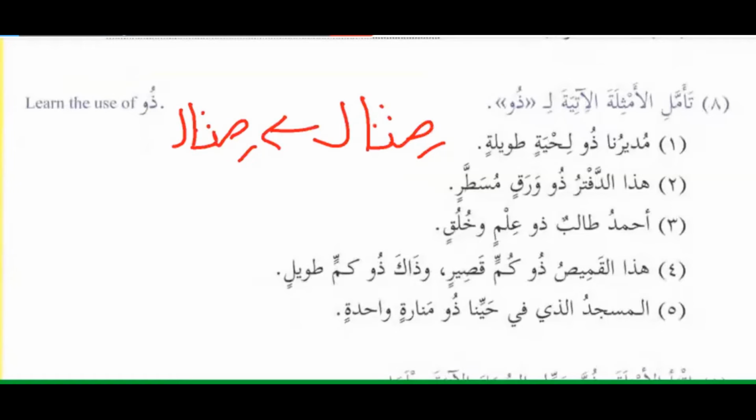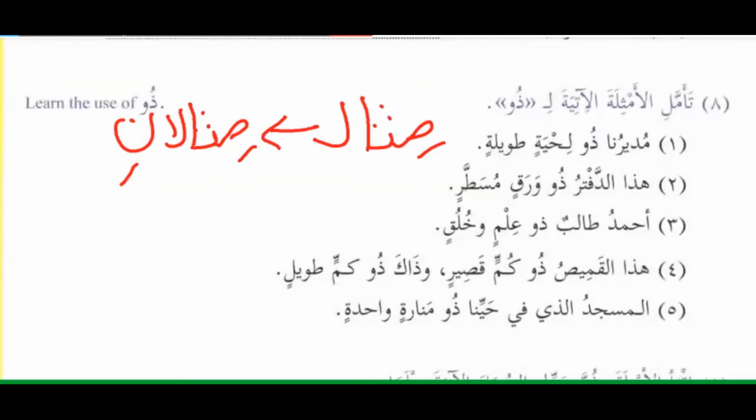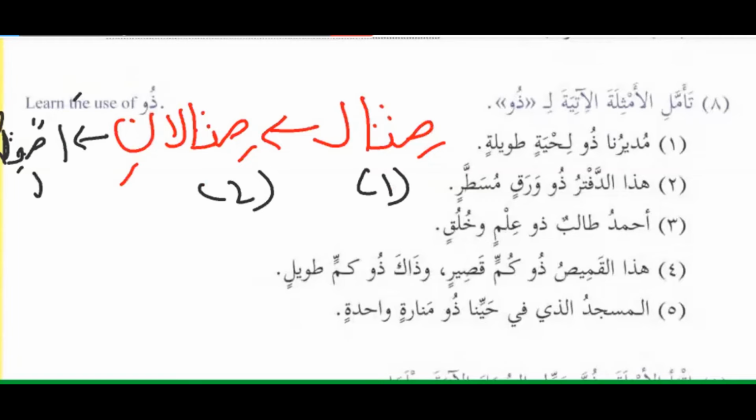Again I will write: misal, 1; misalani, 2; and for the jama, amsilatun, 3. So we have to ponder on this example with zoo. So now the concept of zoo.